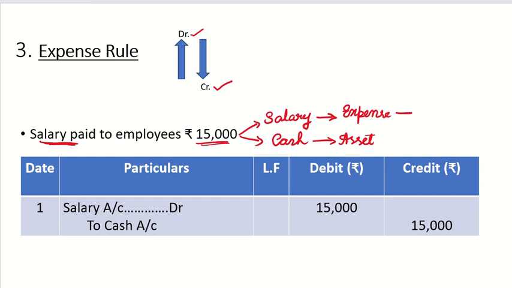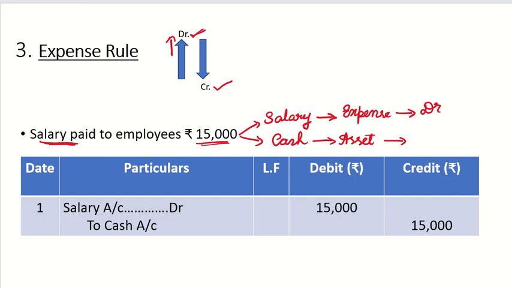Now what does our salary say here? Salary paid to the employees. Salary is an expense. Now the expenses are increasing, right? So when the expenses are increasing, we will debit the expense account. So your salary account will be debited. Now cash: rupees 15,000 is going out of the company, which means cash is decreasing.